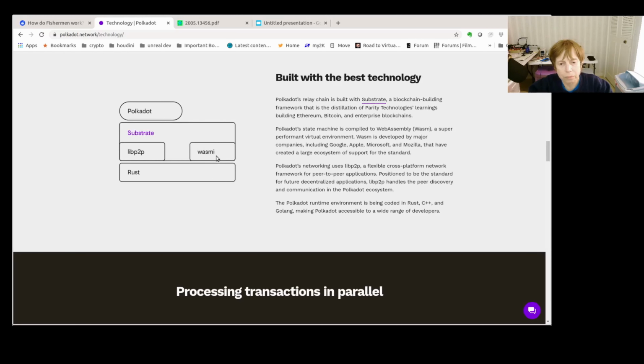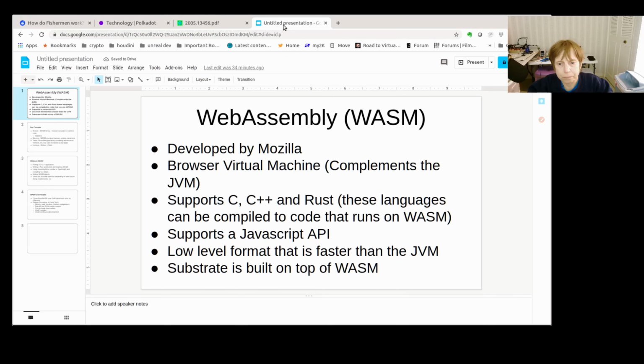Rust is compiled to code that Wasm can execute, and Substrate lives on top of Wasm, and Polkadot lives on top of Substrate. So we're going to have to talk about Substrate, but we'll start today with Wasm. Let's get this nice and big.